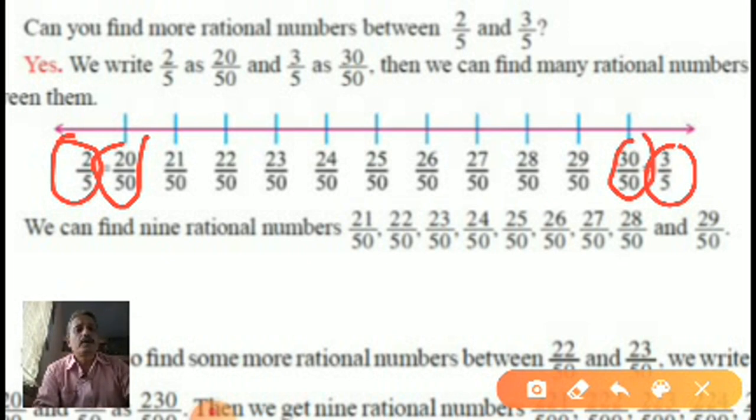After that, I can make 10 parts: 21, 22, 23, 24, and everywhere the denominator remains the same, 50. So you can find so many numbers between two rational numbers. Countless. We can say it's countless. For your information, I took an example of 10 numbers.